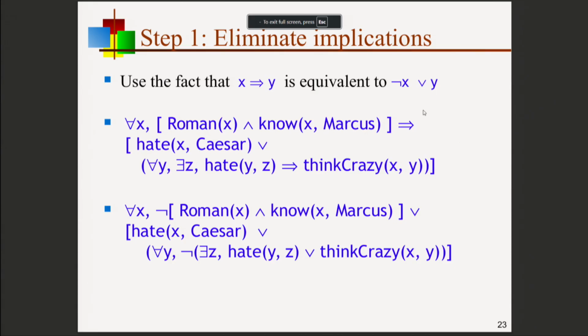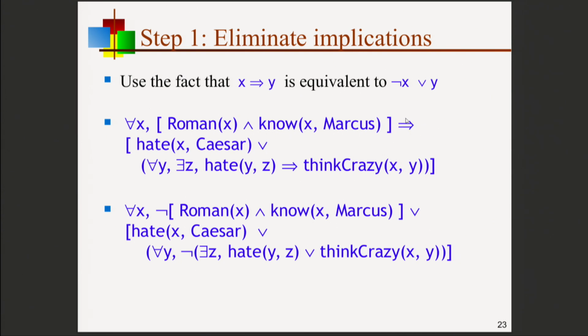Now, the first step is to eliminate implications. This is the first clause, the predicate formula that we have from the previous slide. The first step is to eliminate implication, and we do that by looking at whether it is x implies y; we can replace it by not x or y. If you see this formula, there are 2 implications here.